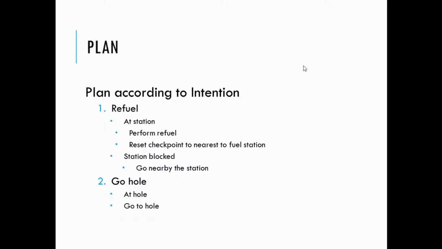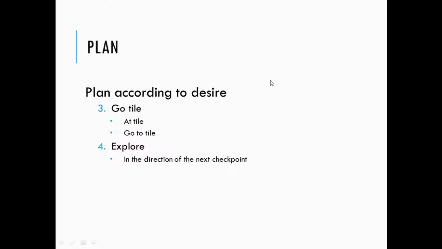The second case where it prefers a hole, it drops the tile into the hole if it's under the agent, or moves towards the hole. The third case where it prefers a tile, it picks the tile if it is under it, otherwise it moves to the tile. Finally, if there are no tiles or holes, it will decide to explore in the direction of the next checkpoint instead.